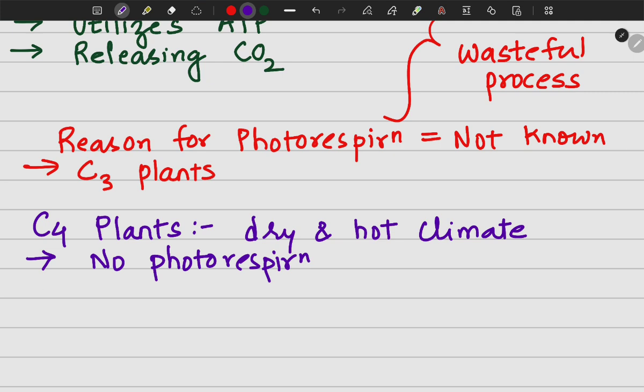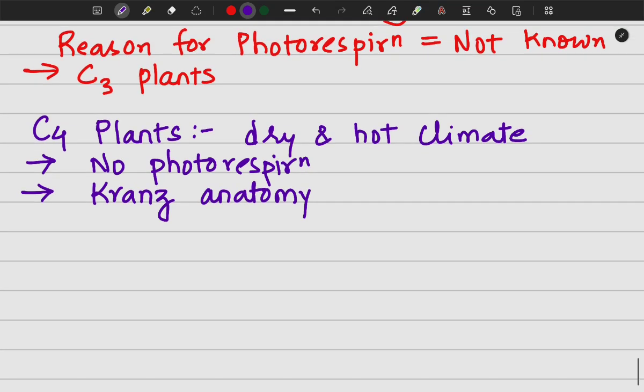And the special adaptation to prevent photorespiration is the Kranz anatomy. We studied about Kranz anatomy in detail in the previous lecture, right? What happens in the Kranz anatomy is that special type of layers of mesophyll and bundle sheath cells are present inside the vascular bundle.